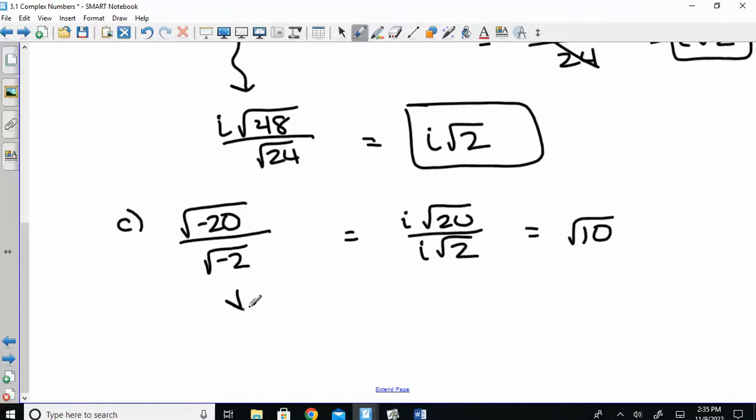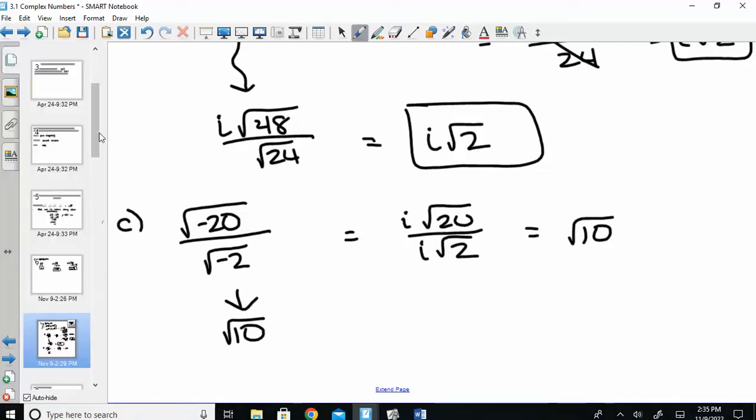If you don't take out the i's, negative 20 divided by negative 2 is 10, and we still get the same solution. So it's really only when you're multiplying that you have to make sure you take out the i's before you multiply.